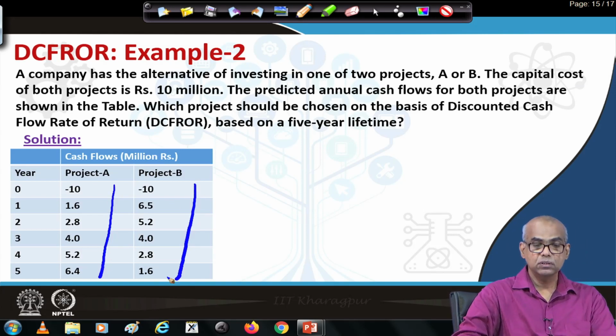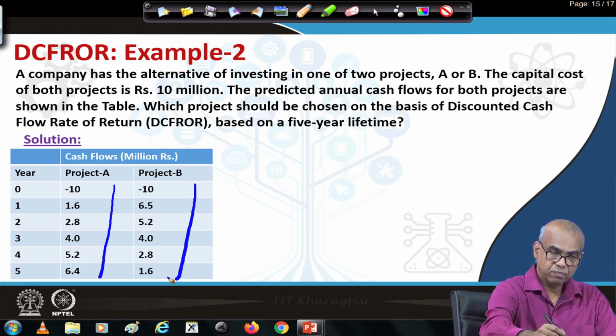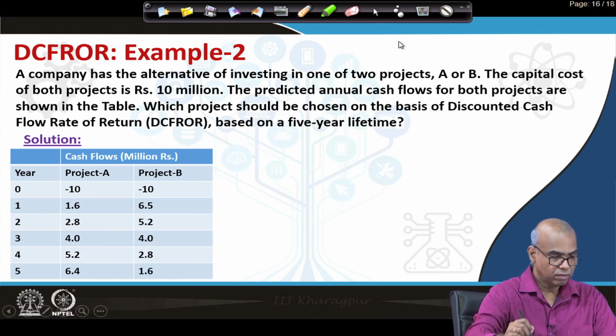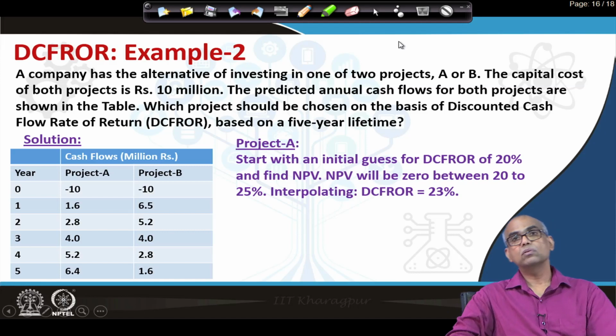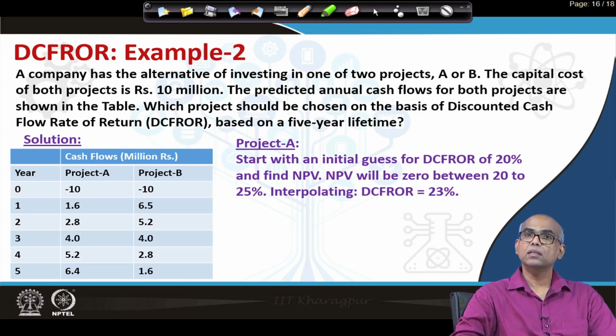So, we will find out discounted cash flow rate of return for project A as well as project B, and then we will choose the one which has higher value for discounted cash flow rate of return. Now, we just discussed that the method will require iterative solution.